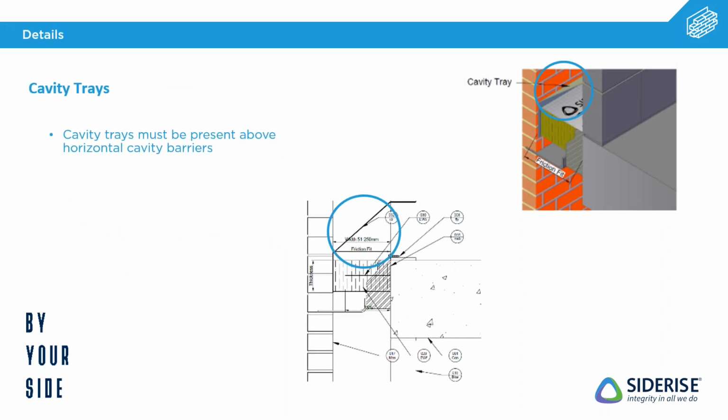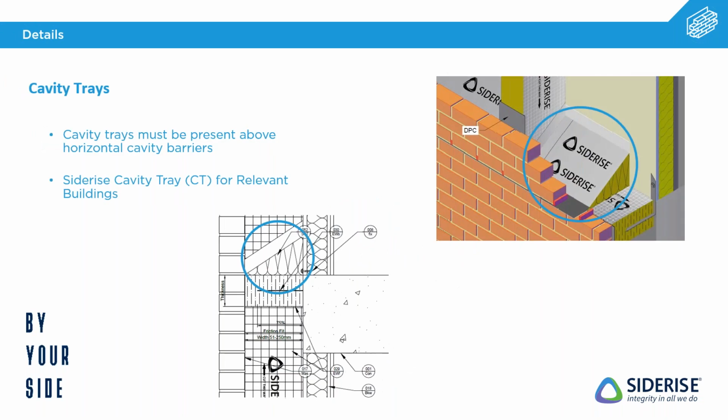Things like cavity trays, so making sure that any cavity trays on the market, like generic stainless steel ones, are suitable. But we have also, if this is of interest, not necessarily a fire product, developed our own non-combustible cavity tray, our A2 S1 D0 cavity tray, which is formed of a mineral wool, just like the cavity barriers themselves, and it can sit on top of the cavity barriers or be freestanding within the cavity.